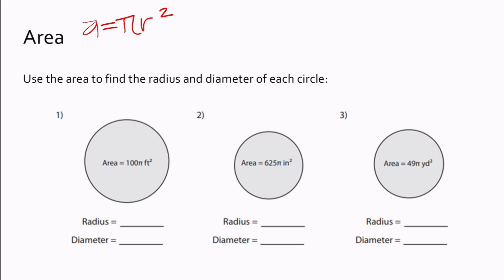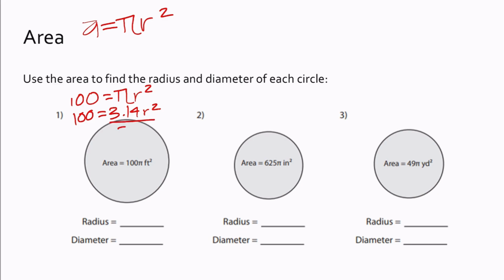And if we know that the area is 100 square feet equals pi times the radius squared, and we know that pi is 3.14, then again, we're dealing with those same scenarios like where we're solving for a variable.